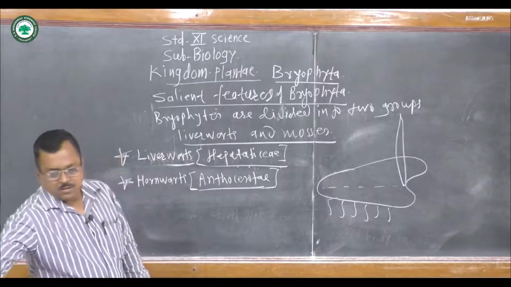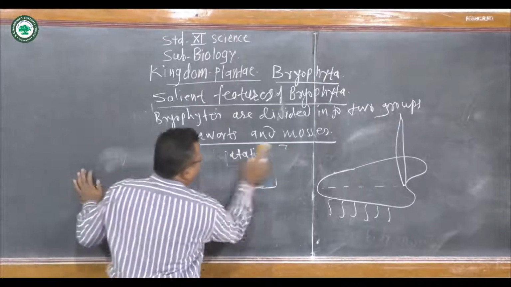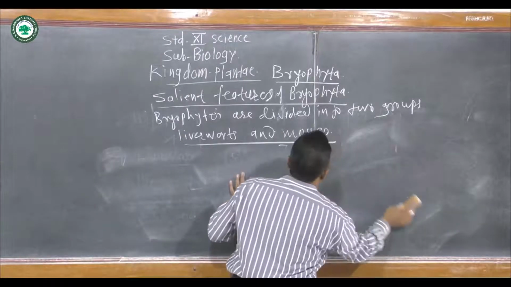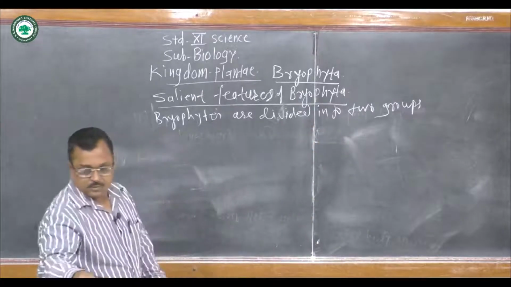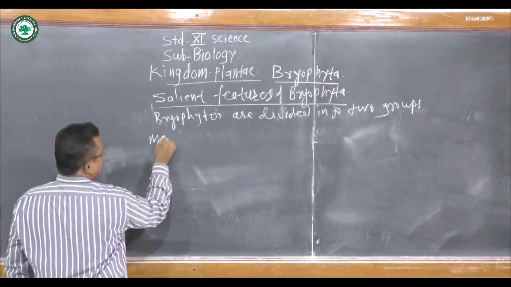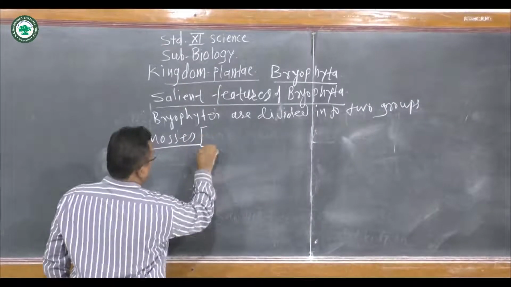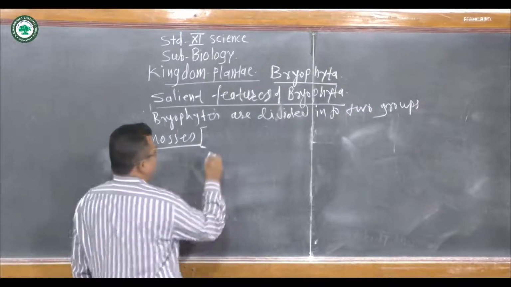Then mosses. Mosses are the advanced bryophytes, also called musi.